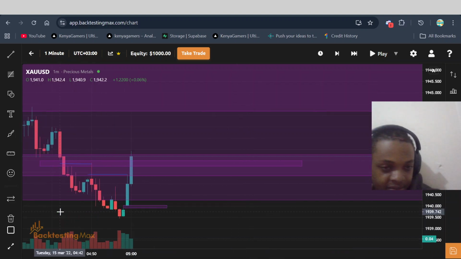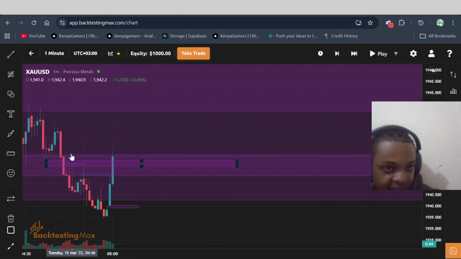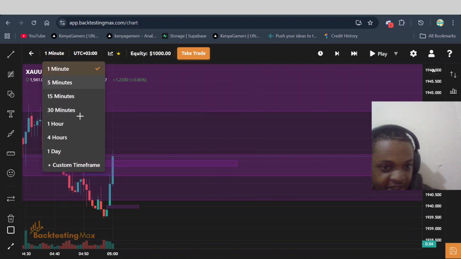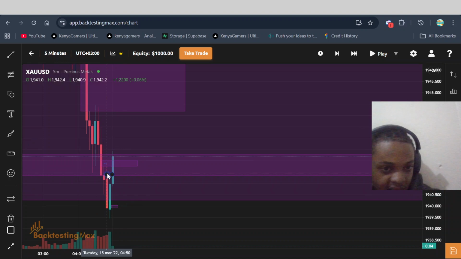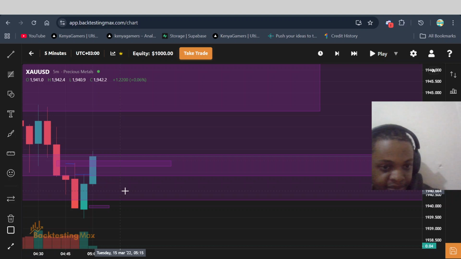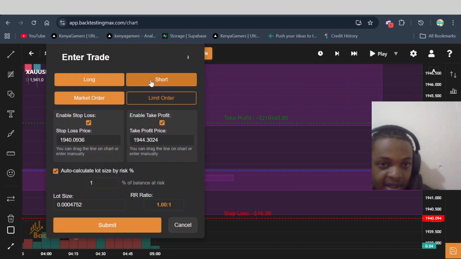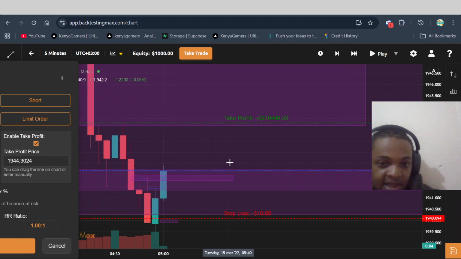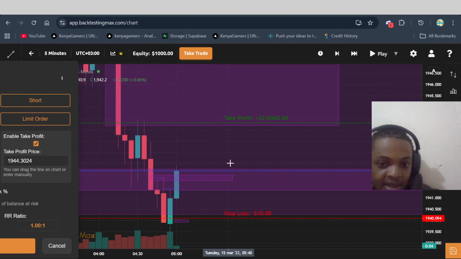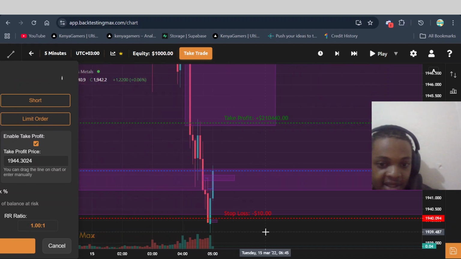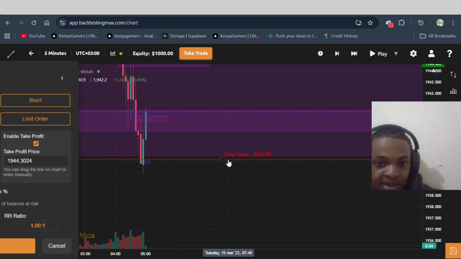Because technically speaking, if we go back to my 5-minute chart, it's just broken above the fair value gap. So still, this is, what time is it? 1:17 exactly. So this is still a decent entry zone.